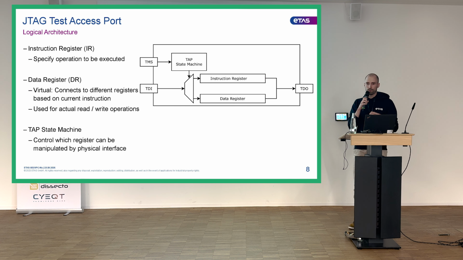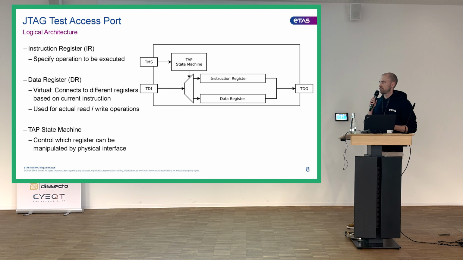And it's in this sense virtual, because depending on what instruction I execute, I connect to a different data register. And the last thing that I have is the state machine. The state machine is kind of the glue logic with which I can tell the JTAG test access port if I want to access the instruction register or the data register.